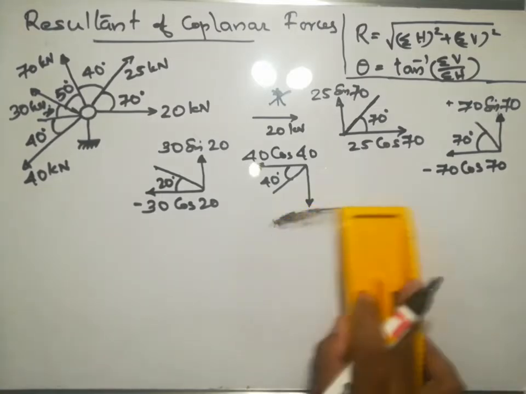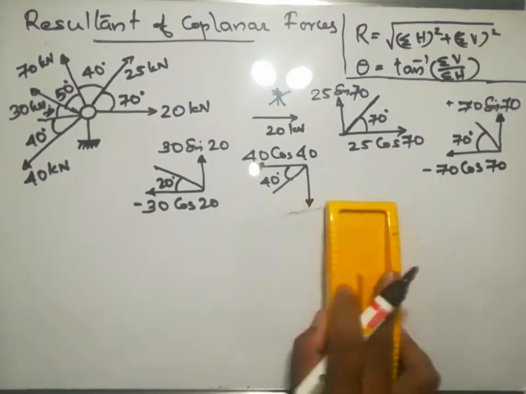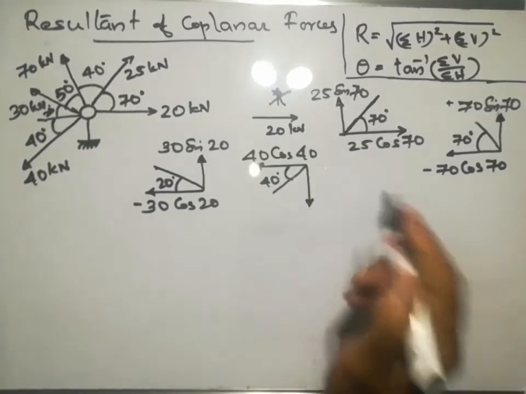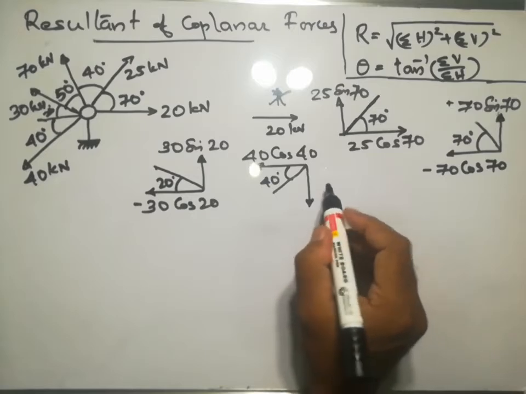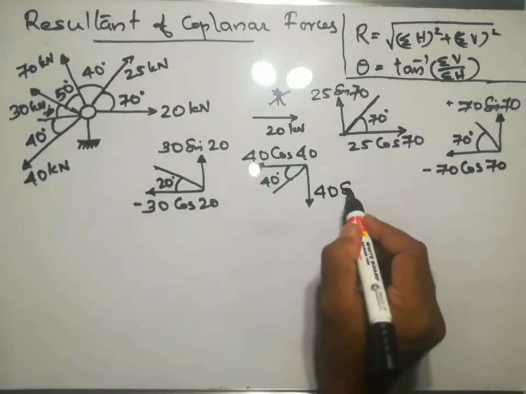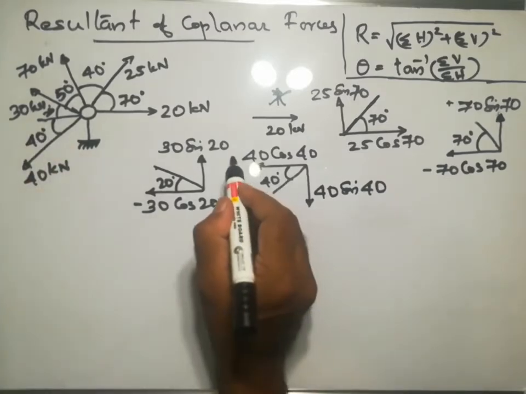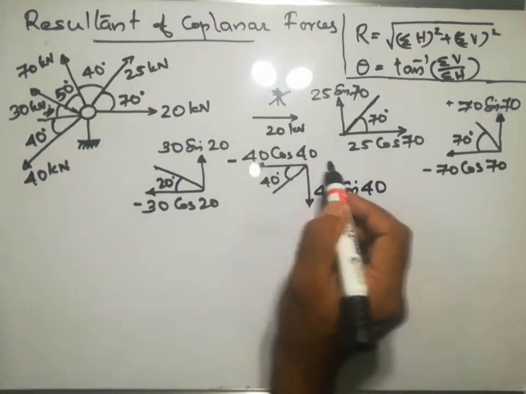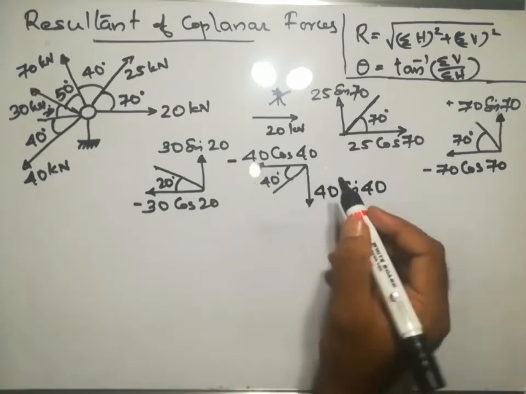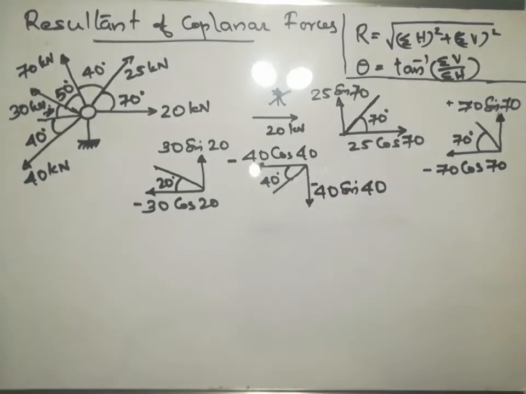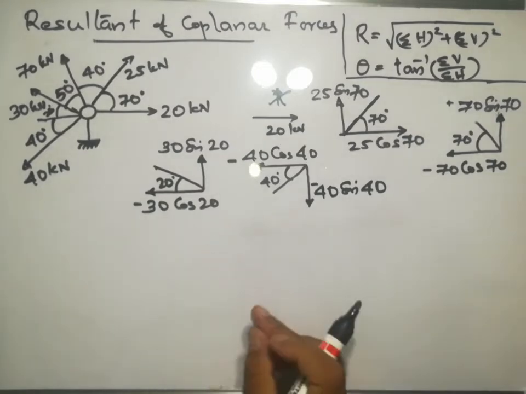I will write it here so that I can save some space. This horizontal component will be minus because it is acting from left to right, and the vertical component will also be minus because it is acting in the vertically downward direction. Now we have the components of all the forces.